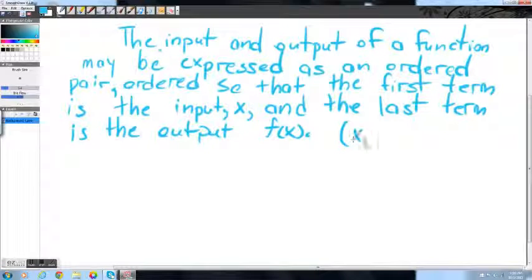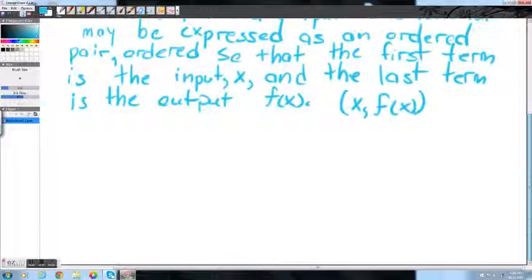So one can say that this ordered pair takes the form x, f of x, and that ordered pair can be represented as a point on the Cartesian coordinate plane.